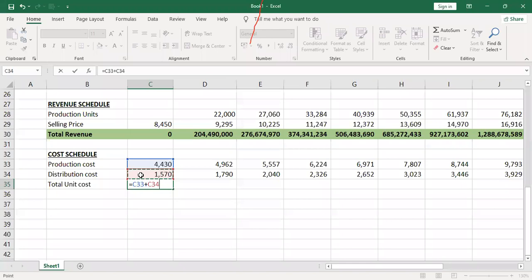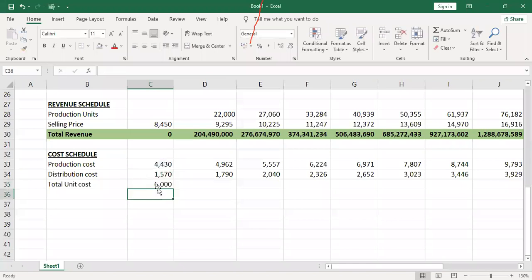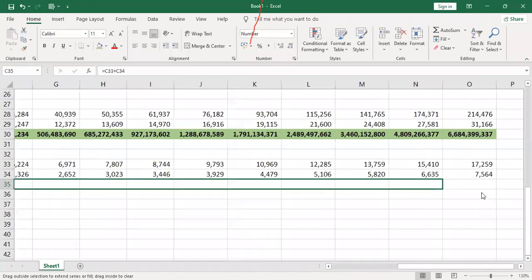And then you press enter. Click on the value, press the cursor on the autofill icon, and then you do what? You drag.